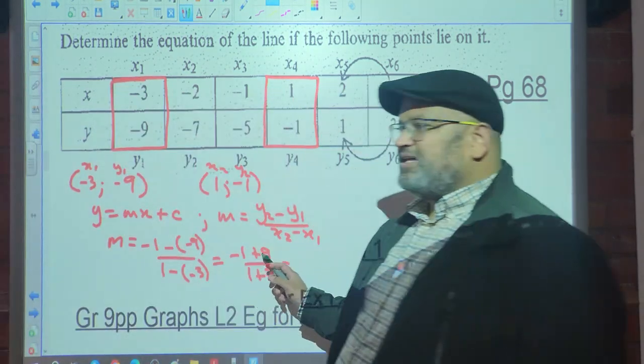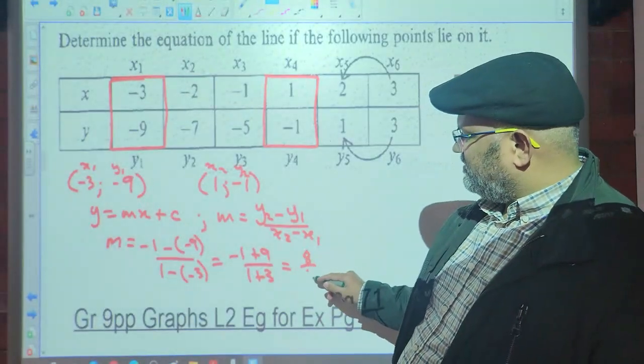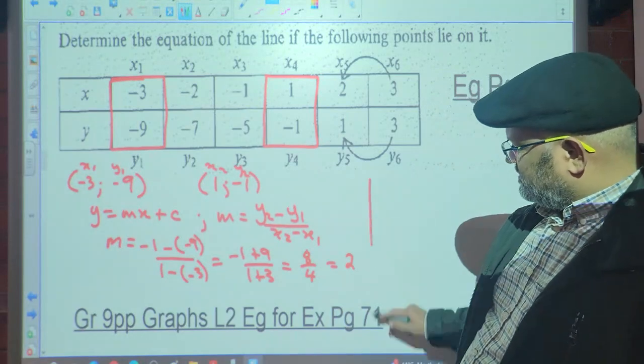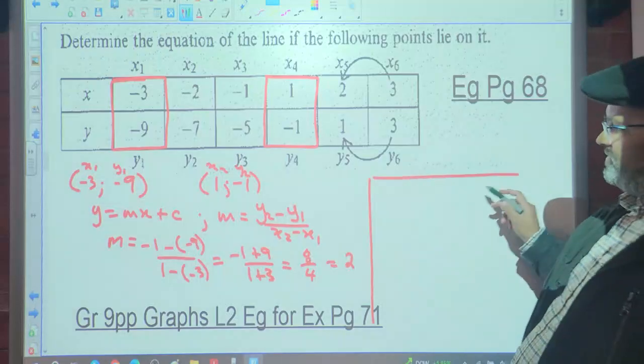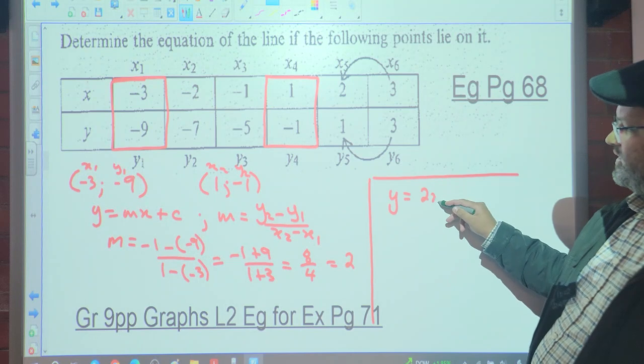What's negative 1 plus 9? 8 over 4, which is 2. This now goes at the front, right? So what do I have now? y equals 2x plus.